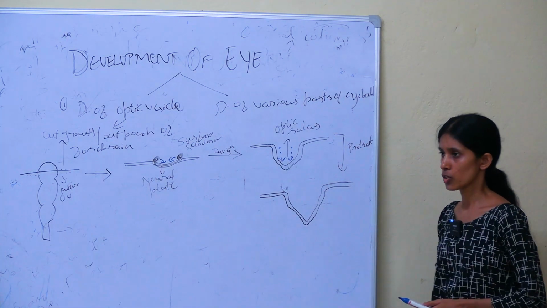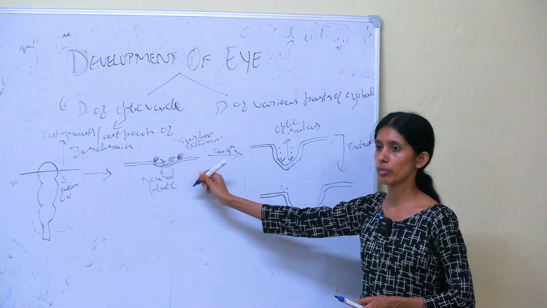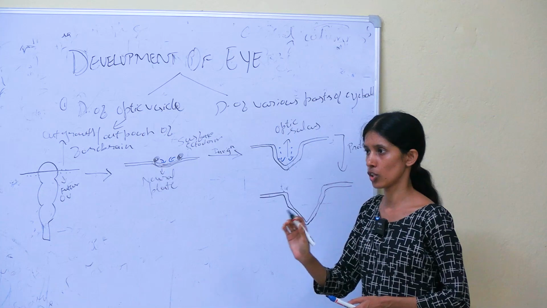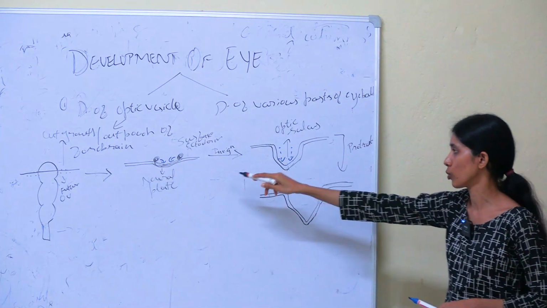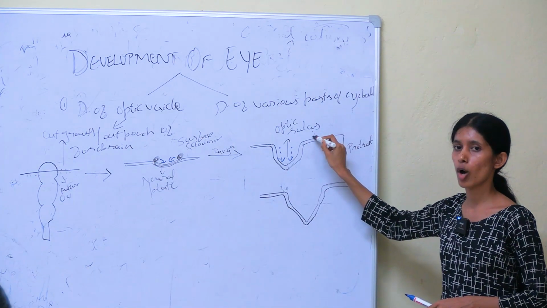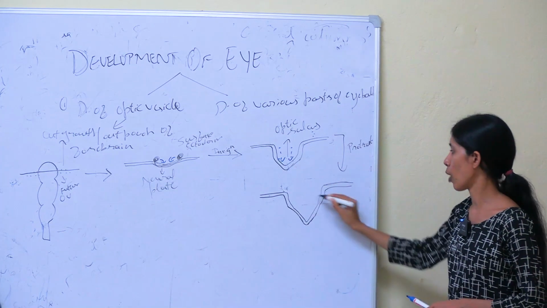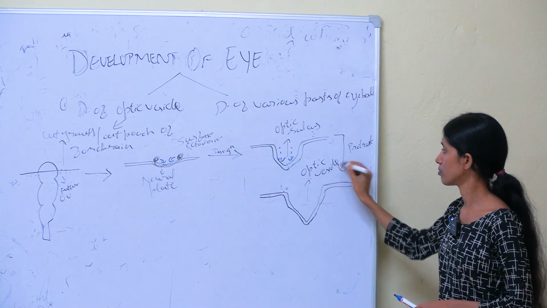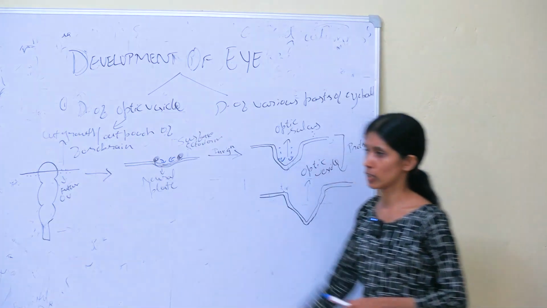So remember, first we have the neural plate. On either side of the neural plate there is a mass of cells present as a thick structure. Later this thick structure will start invaginating towards your neural plate, forming an optic sulcus. Later this optic sulcus will protrude more in the downward direction to form your optic vesicle. This is how the formation of your optic vesicle takes place.